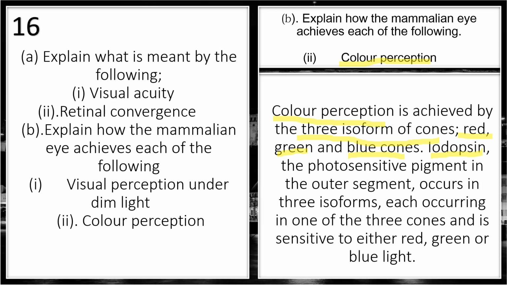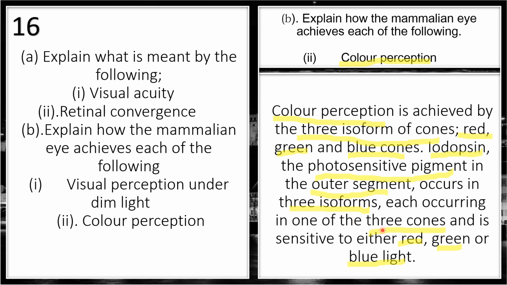Iodopsin, the photosensitive pigment in the outer segment, occurs in 3 isoforms, each occurring in one of the 3 cones, sensitive to either red, green, or blue light. So the iodopsin, which is the photosensitive pigment, is found in 3 isoforms.